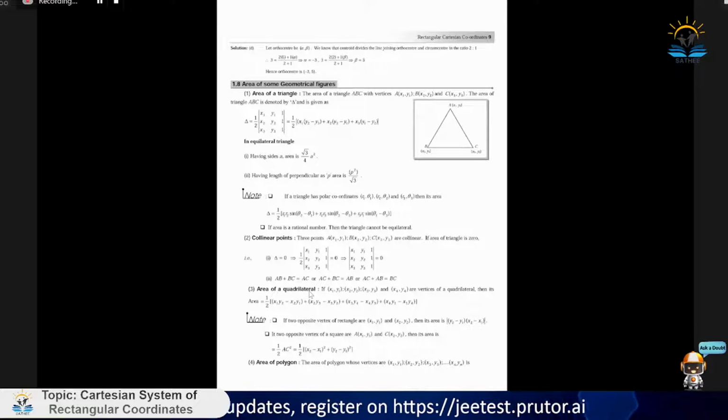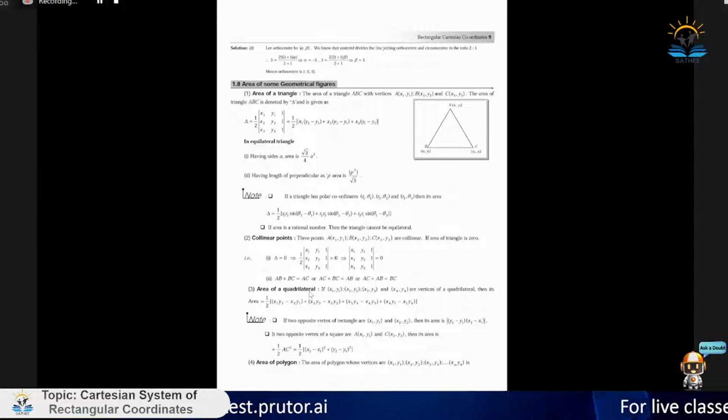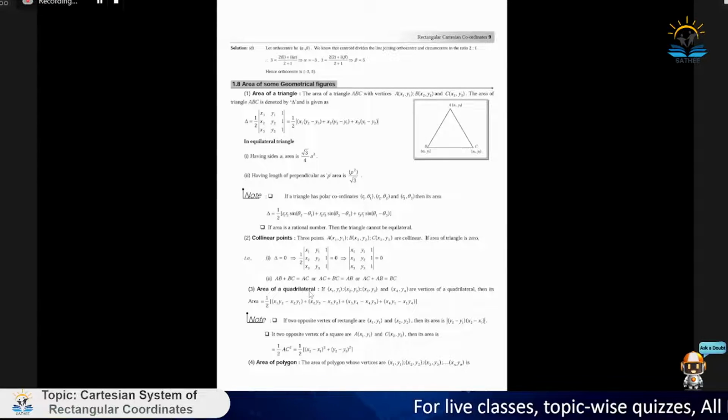For the quadrilateral area, if you have the 4 vertices, then the area would be half of mod of x1 y2 minus x2 y1 plus x2 y3 minus x3 y2 plus x3 y4, and so on in that way. If you have two opposite vertices of a rectangle given, then the area would be mod of (y2 minus y1) into (x2 minus x1).